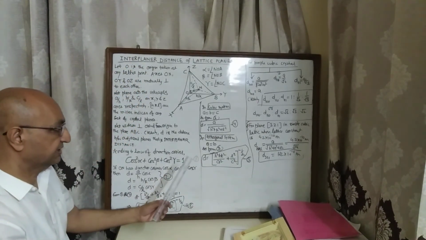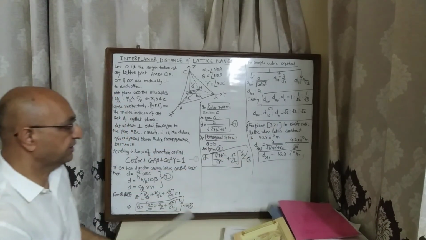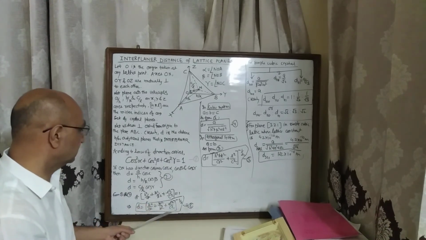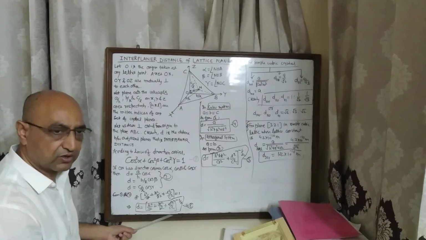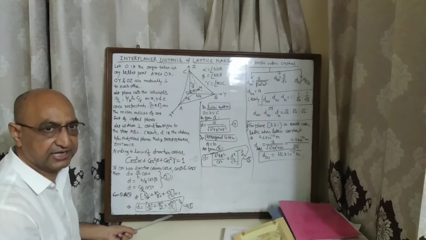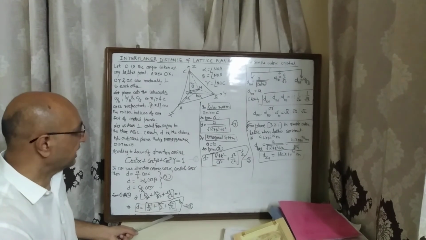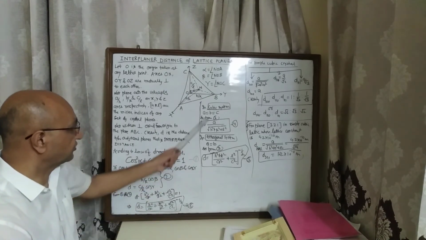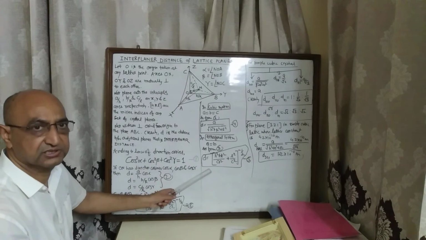On simplifying this, we get root 6, root 3 and root 2. So this formula is highly useful for competitive exams as well as for exams with descriptive questions, and it has tremendous value. For the cubic system, this is the formula, and for the tetragonal system, this is the formula.